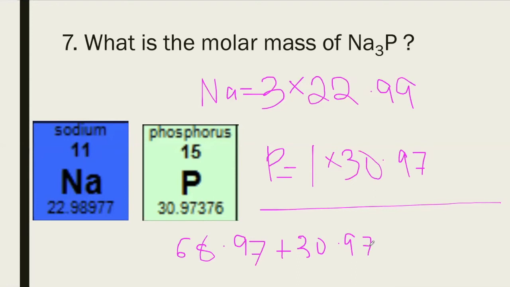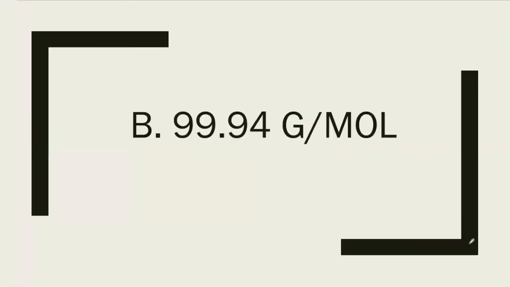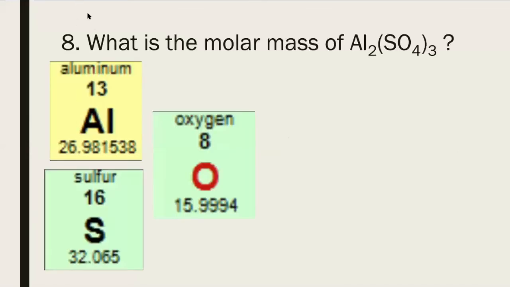So 68.97 plus 30.97 gives us 99.94. So the answer is B, 99.94 grams per mole. I think this is the last question of part 1.